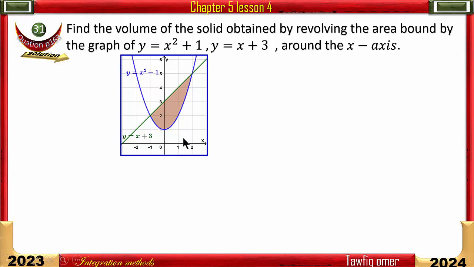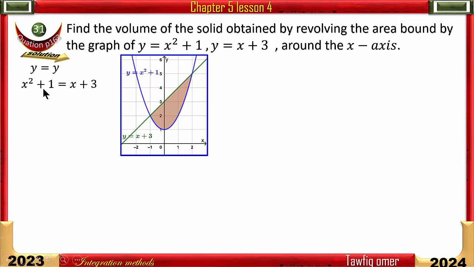is rotating around the x-axis. As you can see here, the points of intersection are minus 1, 2, and here 2, 5. Then these two functions intersect at x equals minus 1 and x equals 2. To find this, equate y with y.